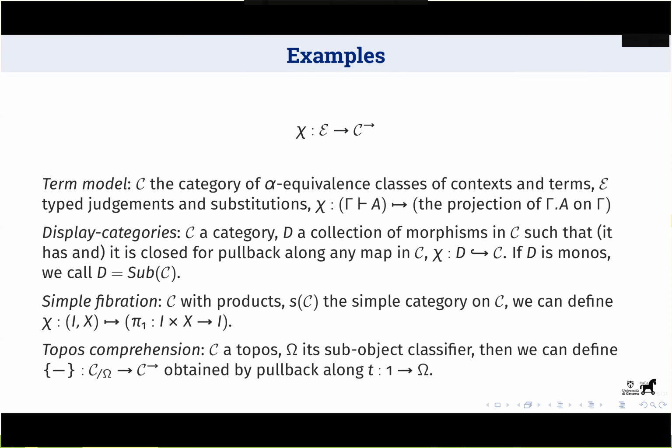And finally, one example that may be closer to the logicians in the audience: if we consider a topos and its subobject classifier, then the comprehension is comprehension in the sense of comprehension categories.